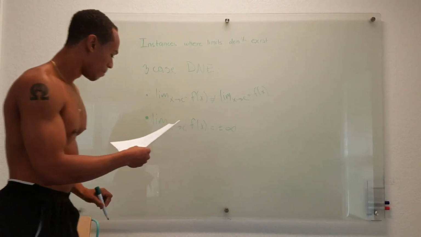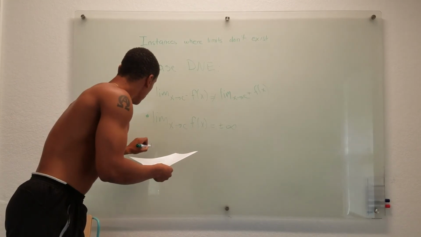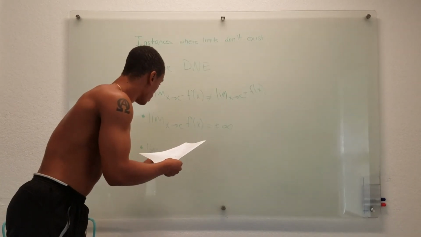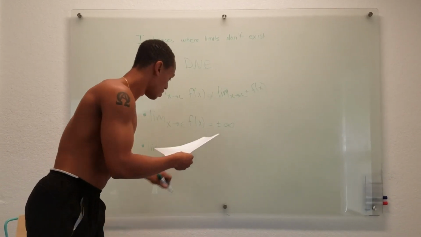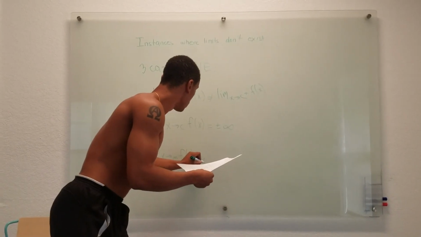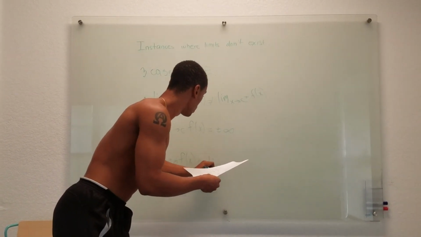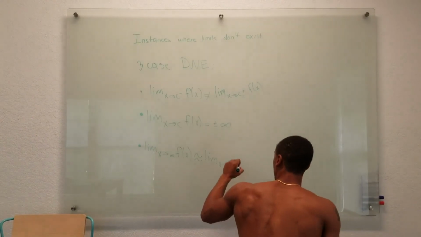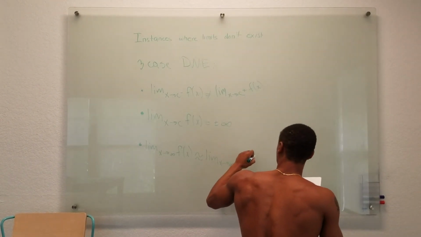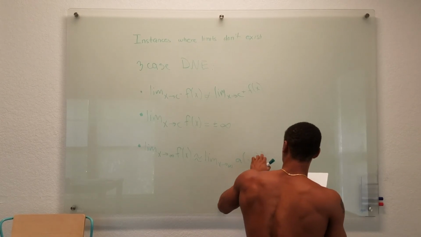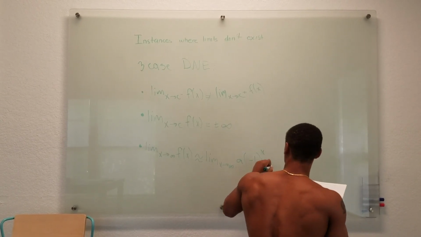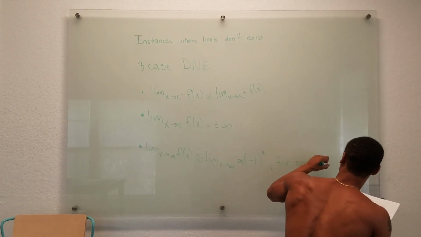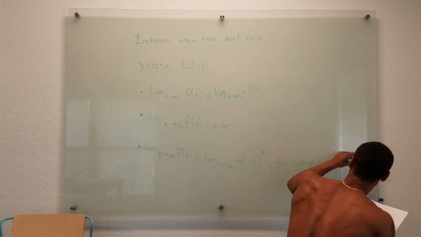And the last case is if the limit as x approaches infinity of f of x is similar to the limit as x approaches infinity of something like this, with values a and negative 1.